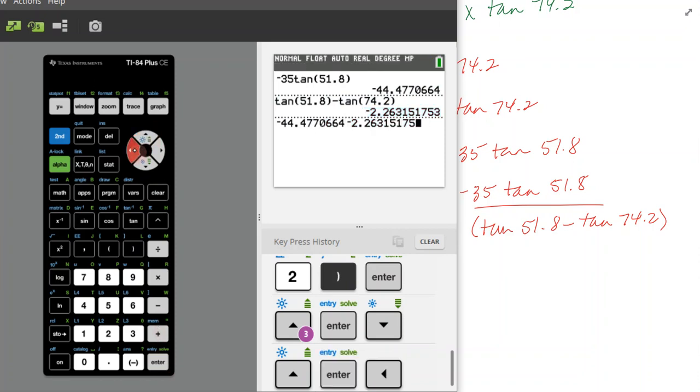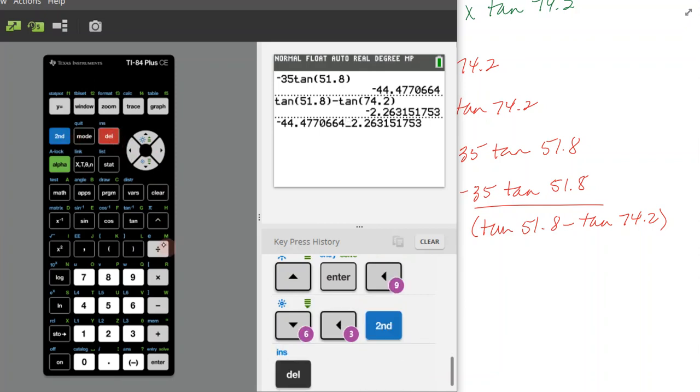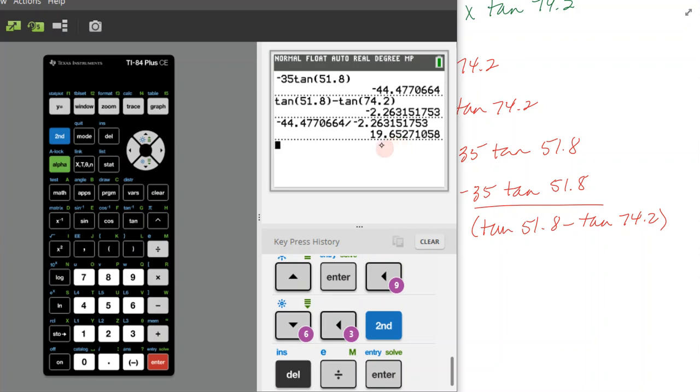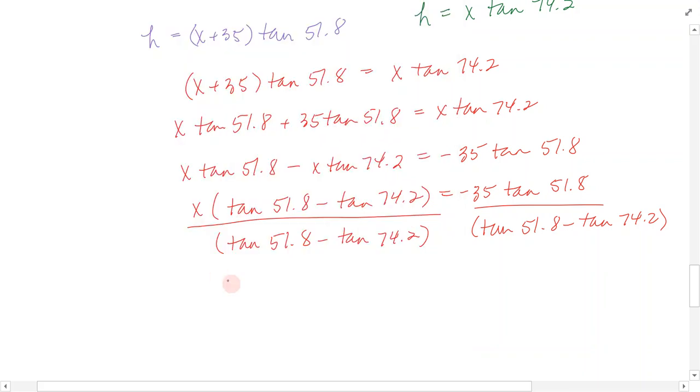Oops, we need a division sign in there. And we find out that x is equal to 19.65. So we'll call x 19.7.